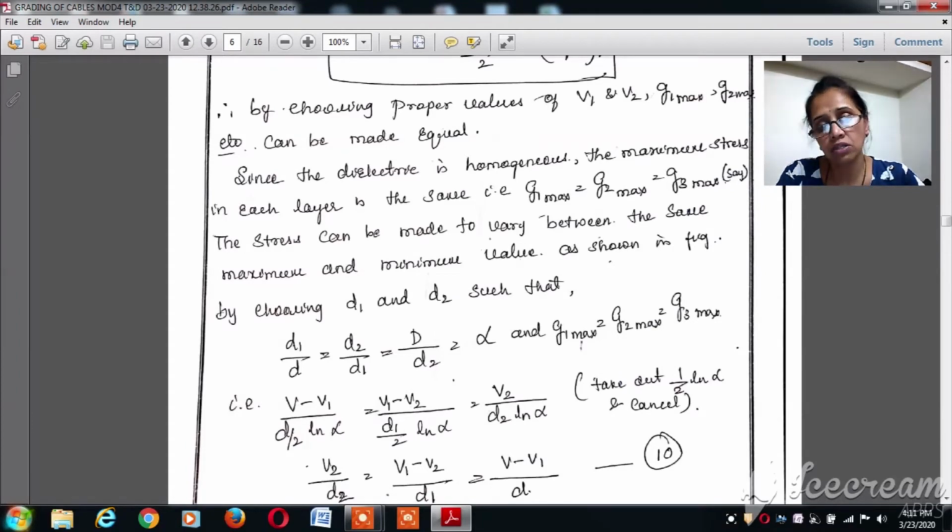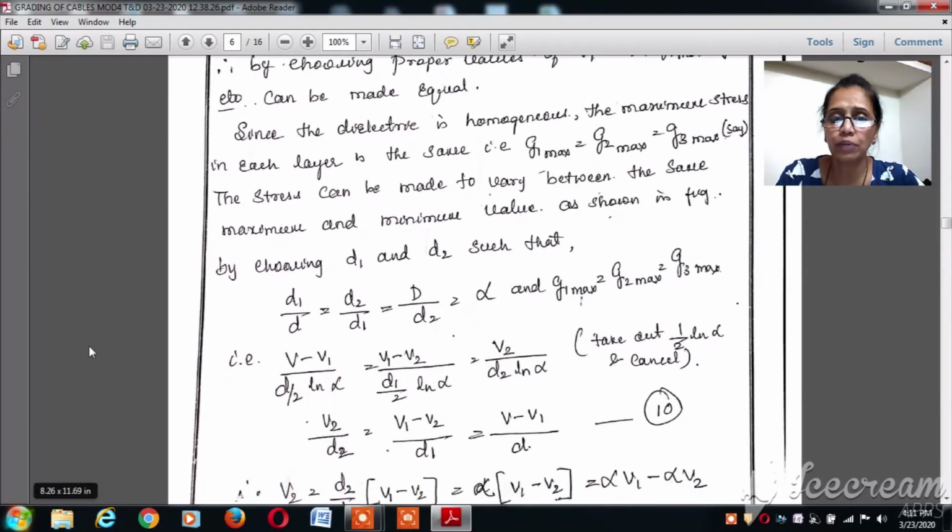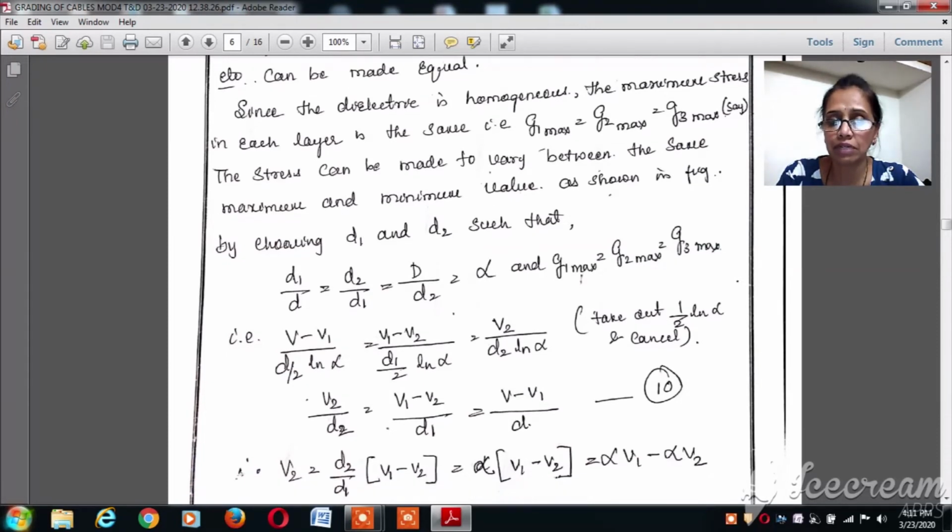So we have considered that D1 divided by D, D2 by D1 and D by D2 are equal to alpha. So we can substitute in the formula. We get V minus V1 divided by D by 2 ln alpha, which is equal to, from equation 8, V1 minus V2 divided by D1 by 2 ln alpha.